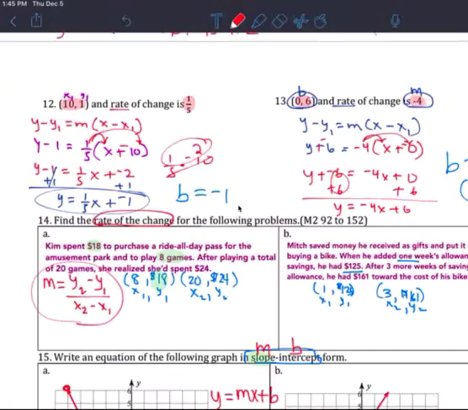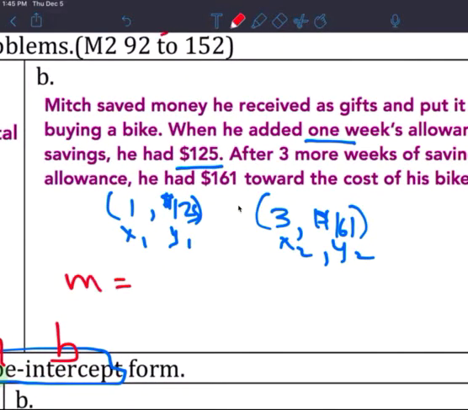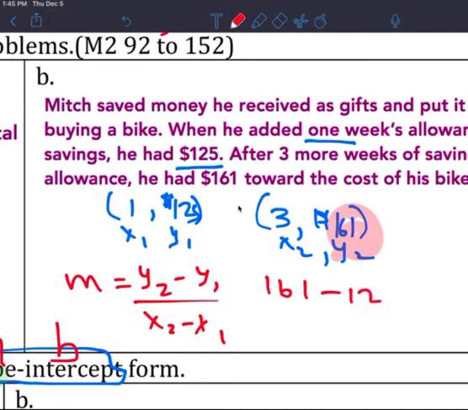Okay, we're doing rate of change. Rate of change, remember, is slope. Y sub 2 minus y sub 1 over x sub 2 minus x sub 1. So y sub 2 is 161 minus 125 equals 36, right?